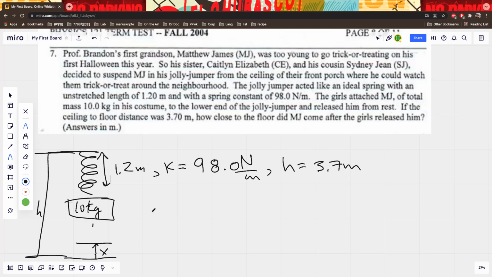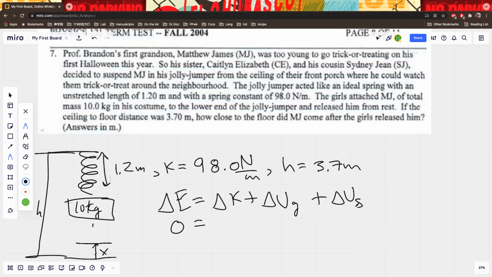So we have those three. So we have delta E equal to 0, which is equal to delta K plus delta U, which is gravitational, and also delta U for spring.